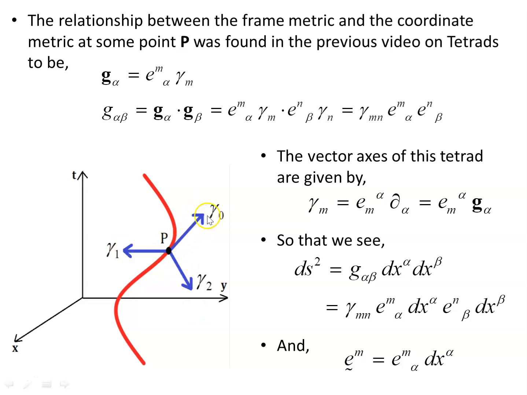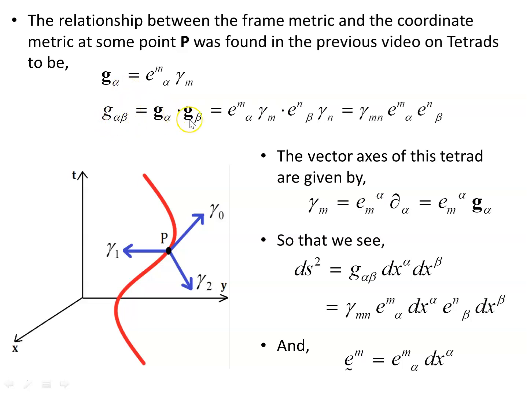So here's a time-like axis here, and these are the two space-like ones here. There's a third one, which I can't show on the diagram for obvious reasons, so it's suppressed. And we can build from this component here and the individual little vectors that make our frame, our tetrad, we can build the metric in the coordinate basis.